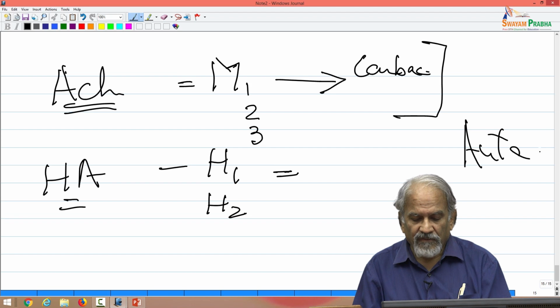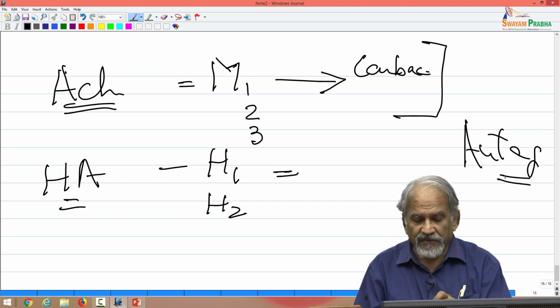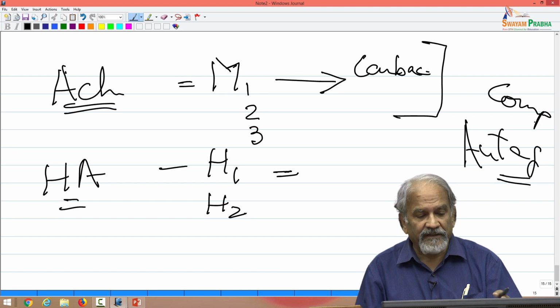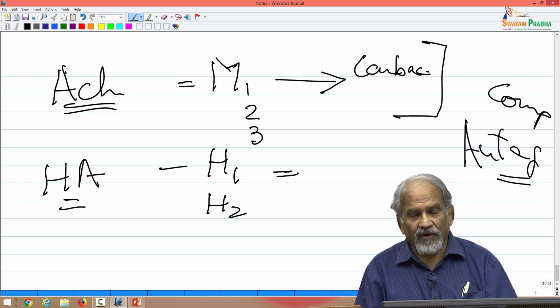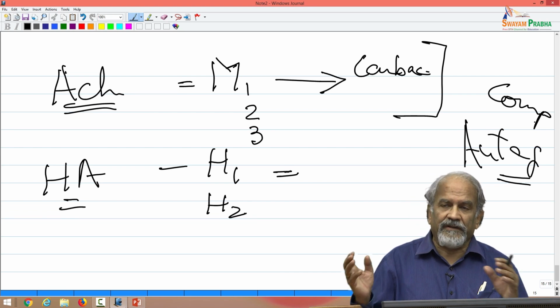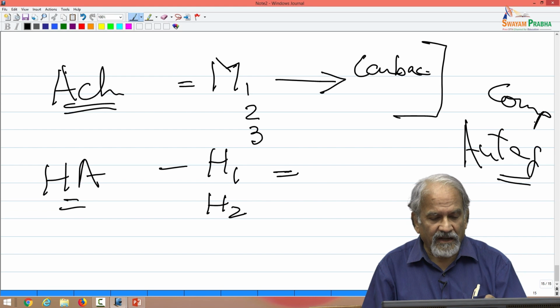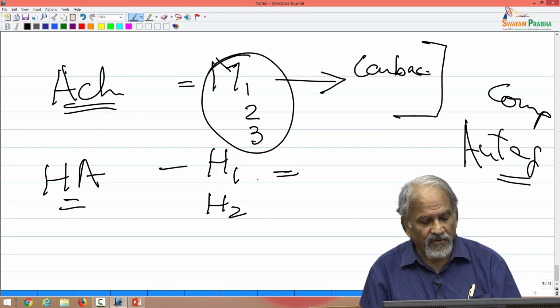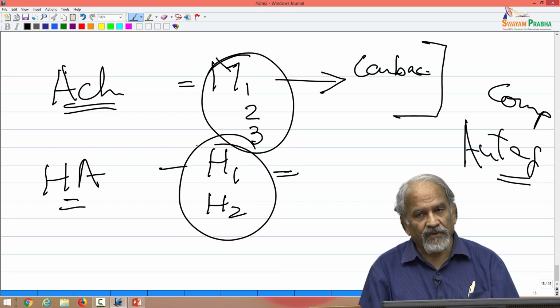What type of antagonist? You have to give a competitive antagonist that will replace these drugs. And what would be the dose of the competitive antagonist? You go on giving the dose till the entire agonist is replaced from the receptors, and that is how the antagonists will be useful.